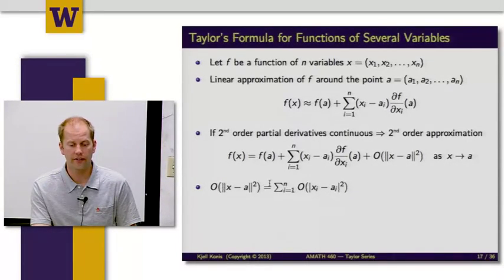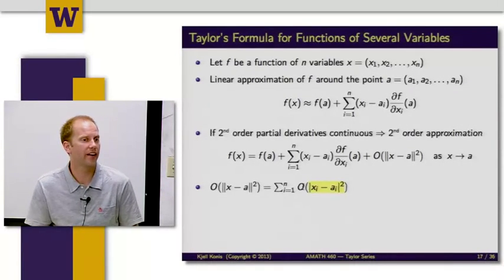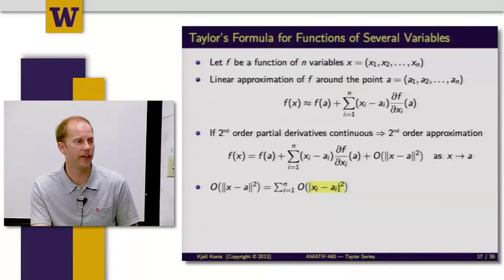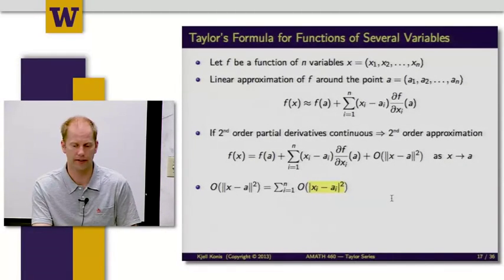And it also turns out that because this big O is taking care of the constants of proportionality, you can also think about this as just the sum of the individual components squared.